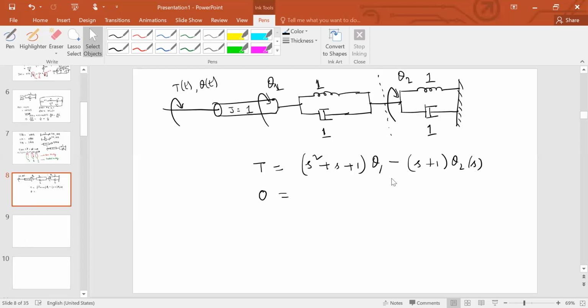So now let's say you cut it off here. Of course, there is no mass or moment of inertia applied here. So a twist of this is going to be balanced by a twist of this. How so? If I were to write this for this particular segment, what is this force here? This force is nothing but theta 2 minus theta 1 plus theta 2 dot minus theta 1 dot.